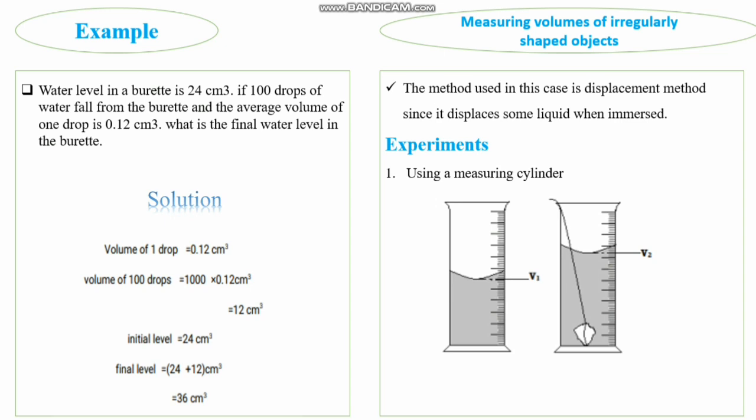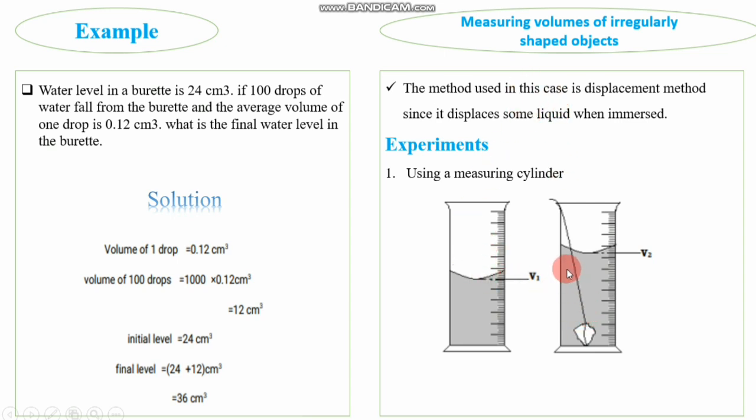These are the two measuring cylinders. As you can see, in the first one there is no object inside, and we have the initial reading. In the same measuring cylinder we have then placed a stone, which we assume is of irregular shape.